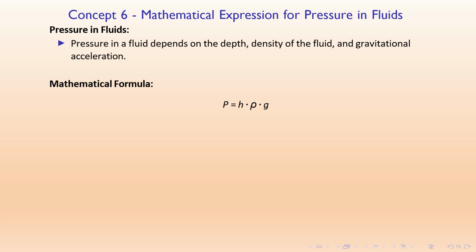Now let us observe the mathematical expression for the pressure in fluids. So what is the mathematical expression? As we already know, pressure in a fluid depends on the depth, the density of the fluid, and the gravitational acceleration. It depends upon three things: one is depth, second is the density of the fluid, and third is gravitational acceleration, meaning acceleration due to gravity.